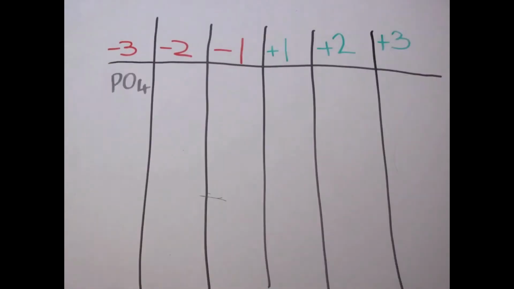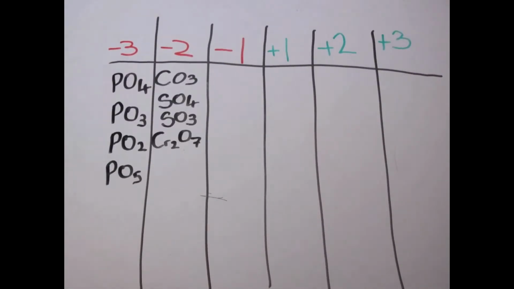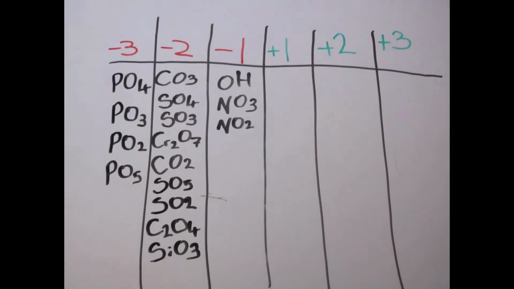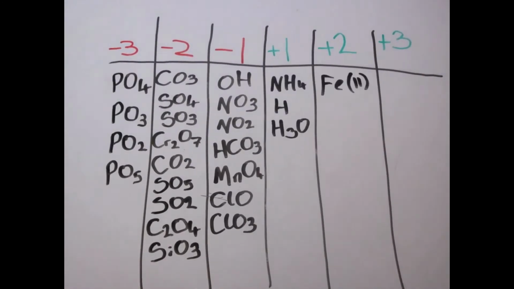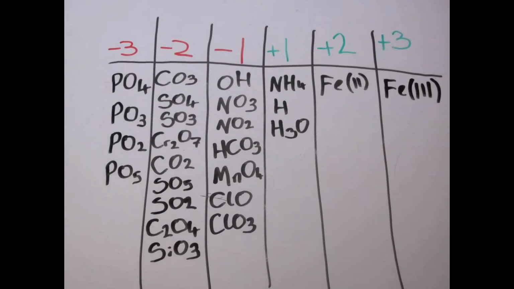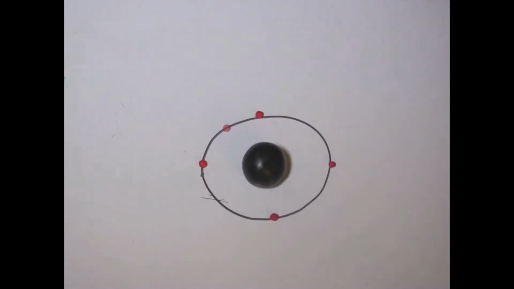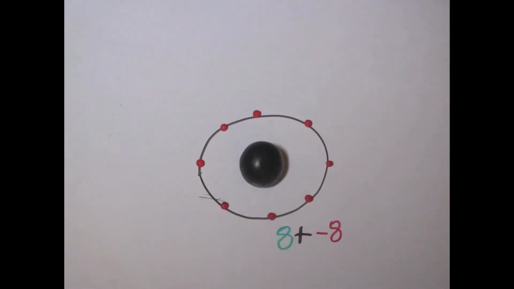Here are some examples of different polyatomic ions. These are ions with more than one element, and thus they have different charges. There are a couple on here with just one element in them, but they're generally ions that we need to know in our work. Atoms generally have 8 electrons in their outermost shell. Let's have a general example here.